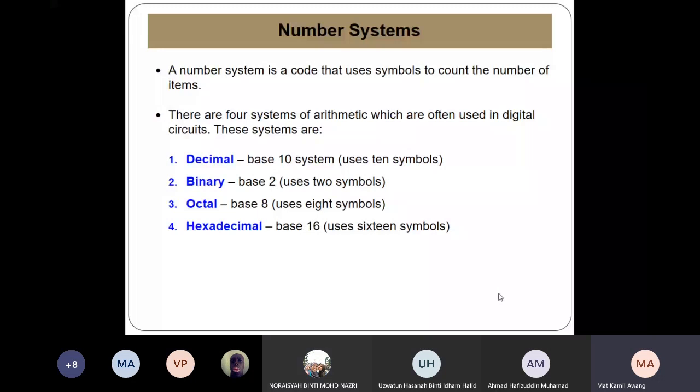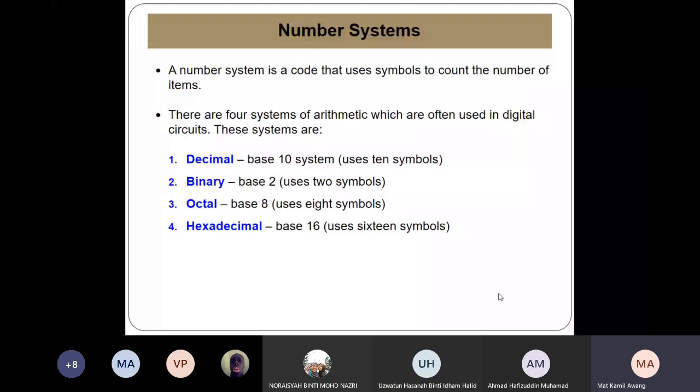What is the hexadecimal? 0 until 15? No, 0 until 9, then D, E, F. It is limited to 16. So basically you have 16 symbols. The symbols are like Uzwatun said, 0 to 9, which is 0, 1, 2, 3, 4, 5, 6, 7, 8, 9.